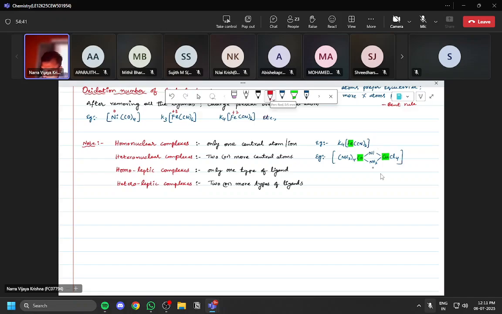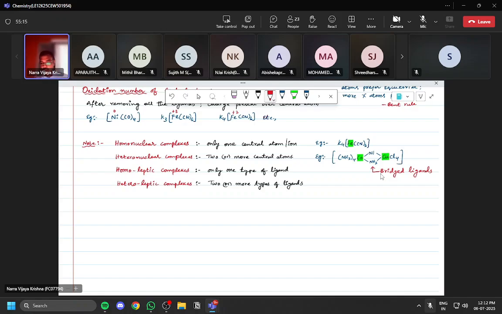We call these ligands bridged ligands. Cobalt. Of course, both may be the same also; both you can take cobalt. Then also it is dinuclear. Two metal atoms having ligands connected in different ways. That's all. Then they are heteronuclear.